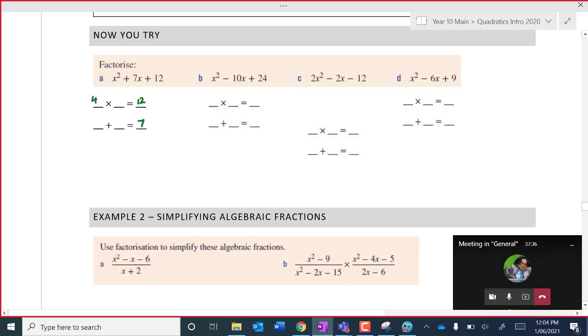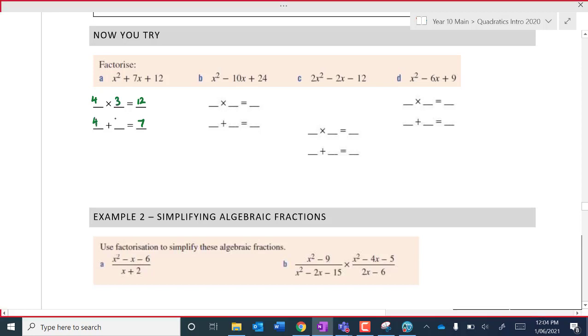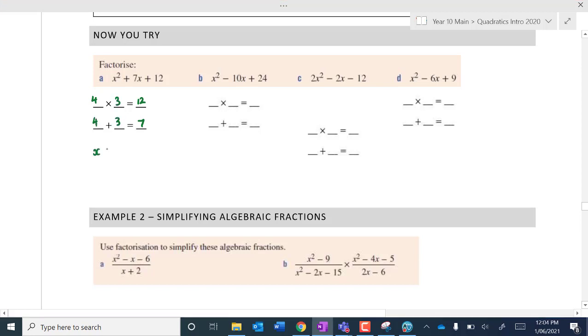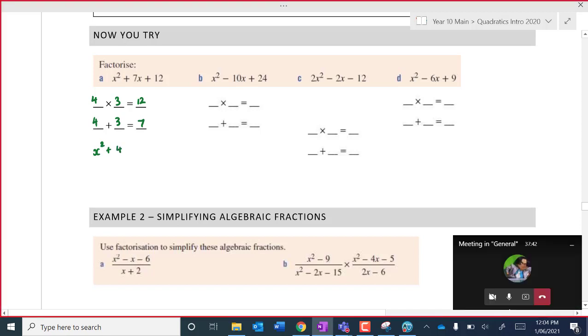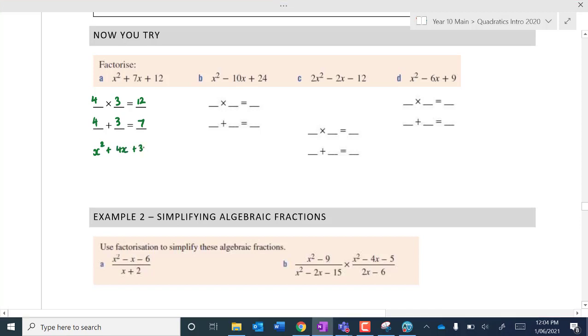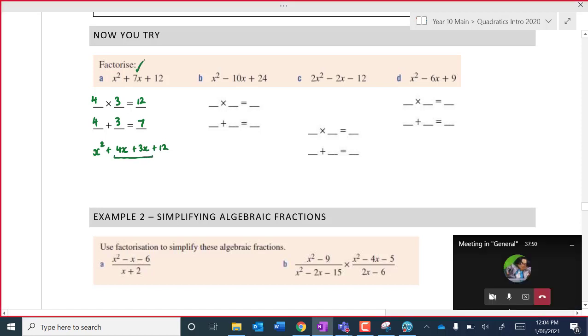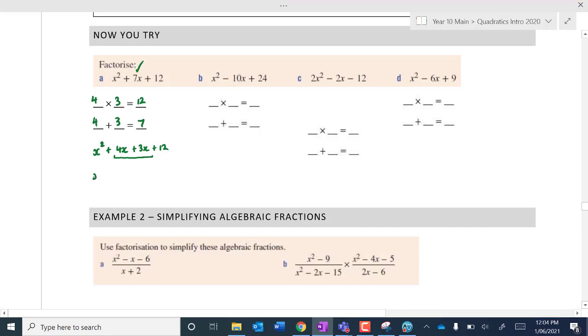4 and 3. Yep, so 4 times 3 is 12 and 4 plus 3 is 7. I think it's really important to know why we're doing things: we're breaking one term, 7x, up into two, and then we're using grouping. But there is a bit of a shortcut, because we don't need to do all of that grouping.